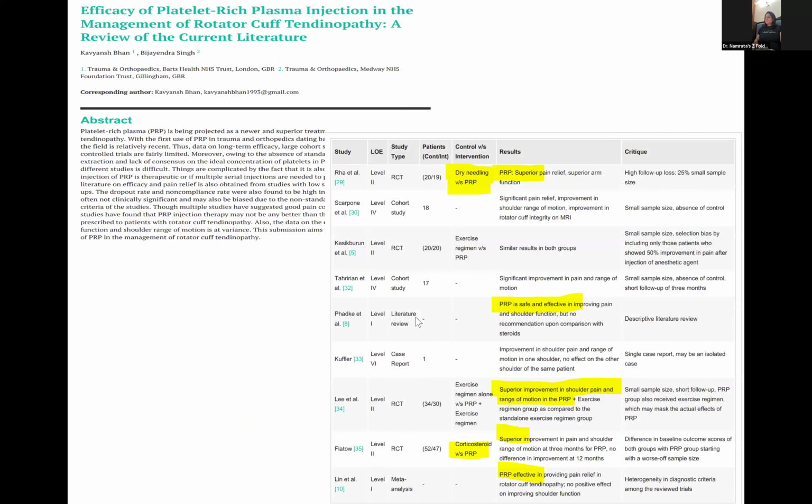There is a lot of literature, and we have personally seen, doing this for so many years, these PRP and BMAC interventions for rotator cuff tear and rotator cuff tendinopathies, and it gives really brilliant results when done in the correct patient and when done under proper guidance, not as a blind procedure, but as an ultrasound-guided intervention.